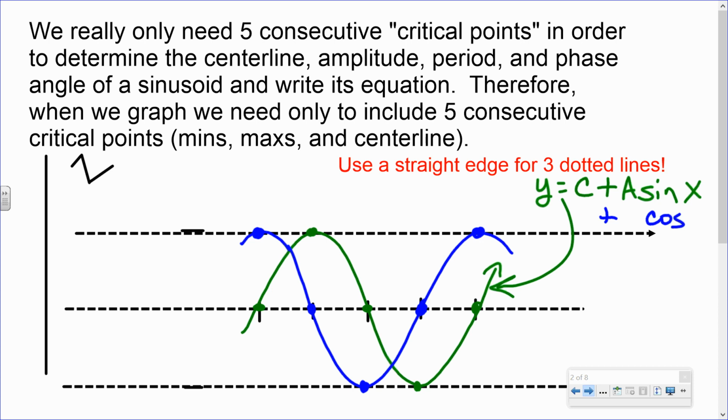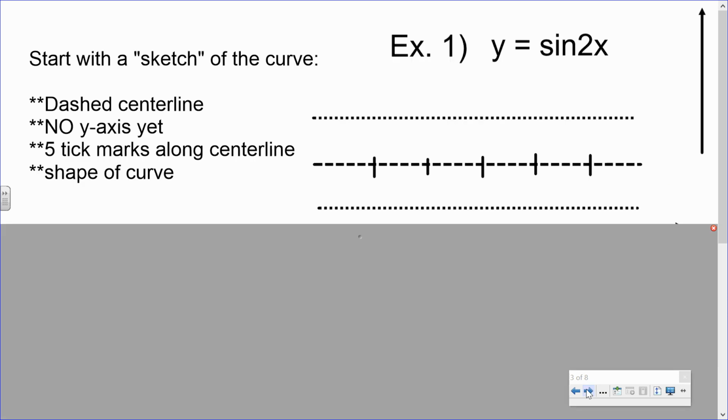Now let's get a specific example up there as I start filling in the other steps. And on these first 2, I'm going to actually have the steps written out for you. The last 2 that we'll do it without the steps written up here. So we start off with the 3 dashed lines. We don't put any axis in yet. We put 5 tick marks in, and this one is plus sine, which is what we just talked about on the last slide.